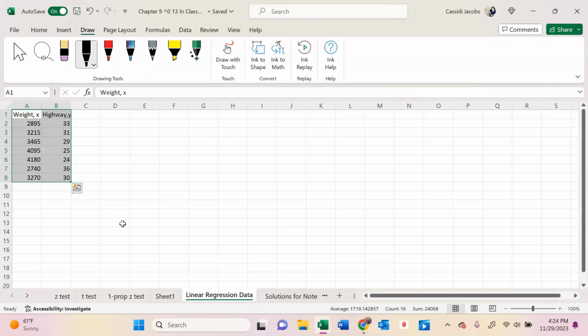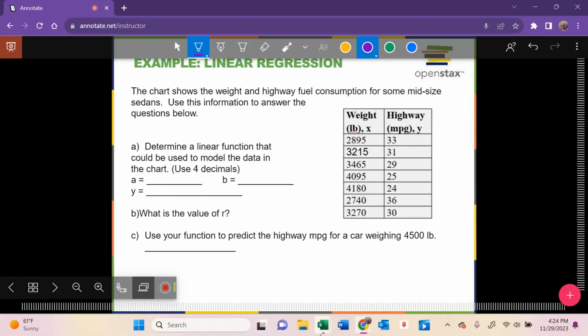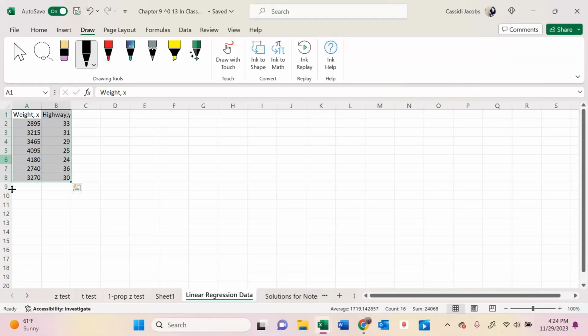I have already typed it for you in this example, so you're going to run this example with me if you're following along in Excel. Normally, you would have to type that data in yourself.